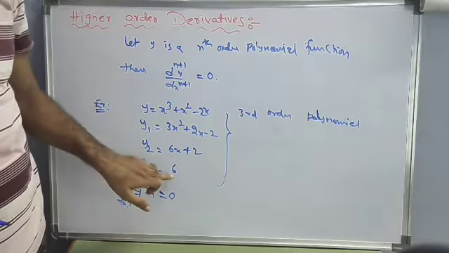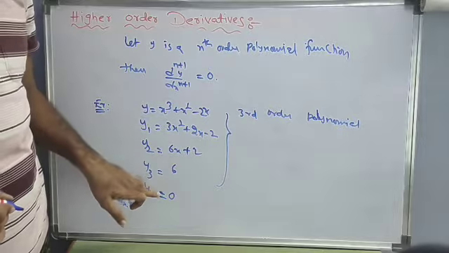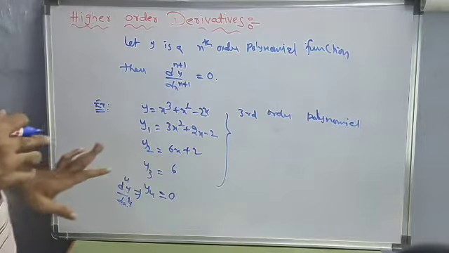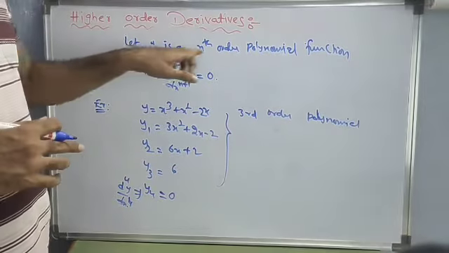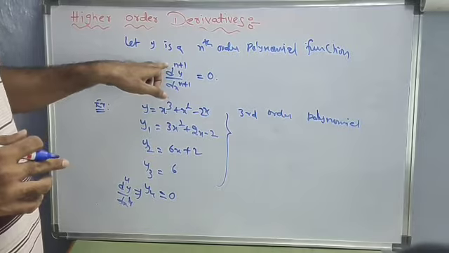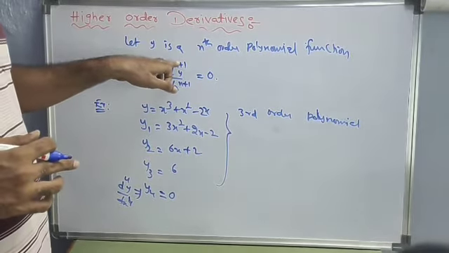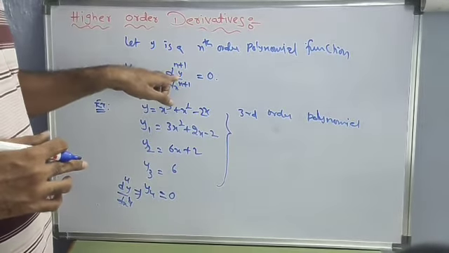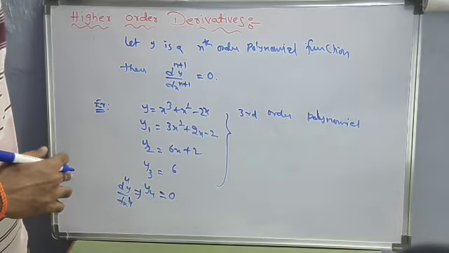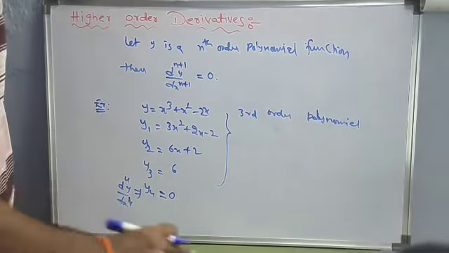Up to the third derivative only we get values. After that, the n plus 1th derivative becomes 0. So if y is an nth order polynomial function, then the n plus 1th order derivative should be 0.